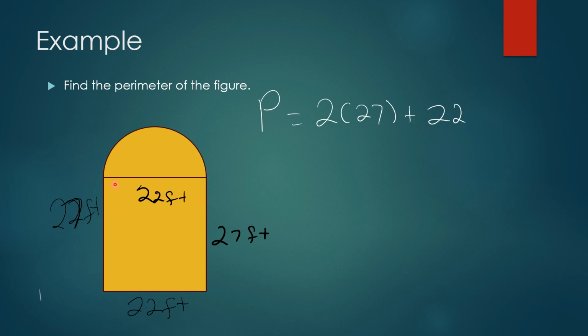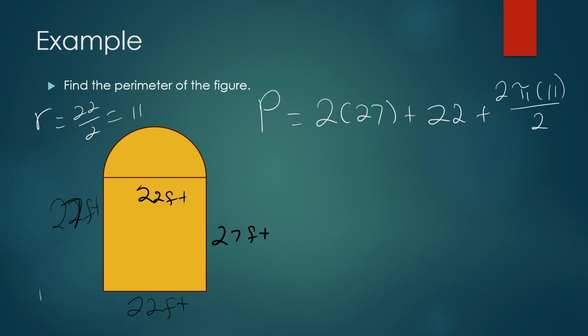Now we have to figure out the curvature. We know how to find the circumference of a circle. It's 2 pi r. But here we only have half a circle, so we're going to need to take half of that perimeter. We also have the diameter of 22, which means my radius is 22 over 2, which is 11. So now I'm going to add 2 times pi times 11 divided by 2.